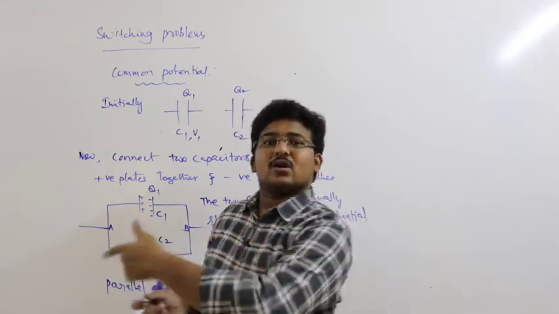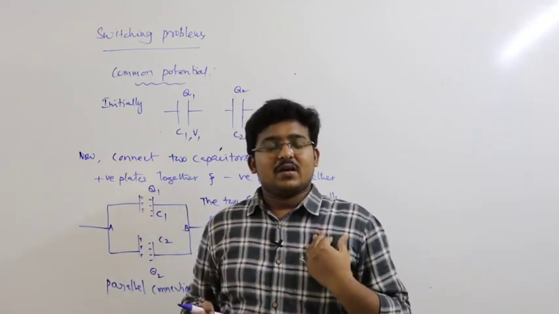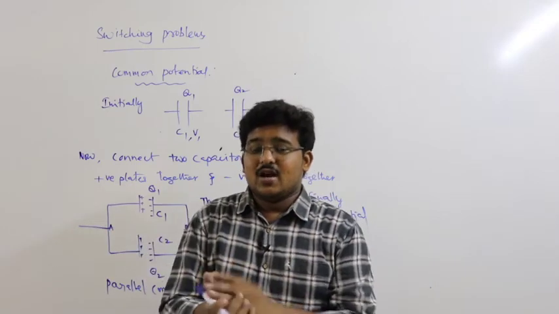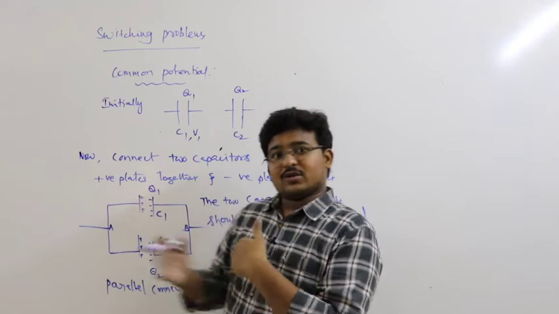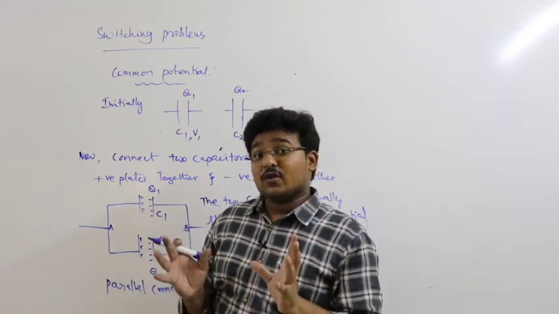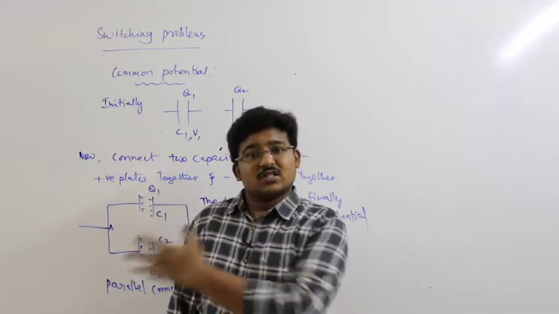For example, if both of us have the same capacitances, initially how much charge is there? 100 and 200, 300. Now finally together, we both are of same nature, so we will share equally. So out of 300, 150 to me and 150 to him. So the charges will distribute.